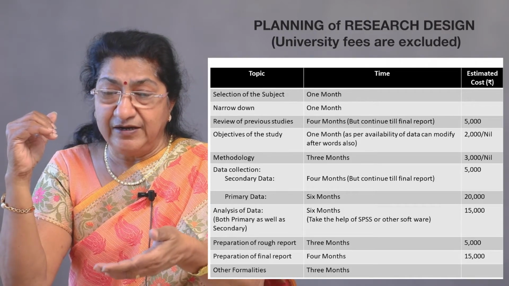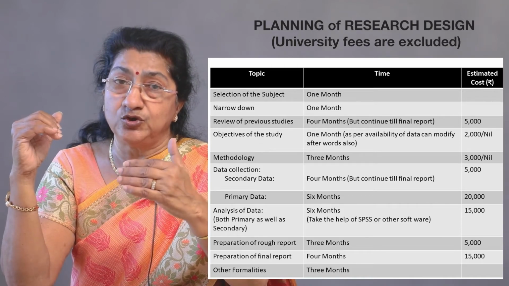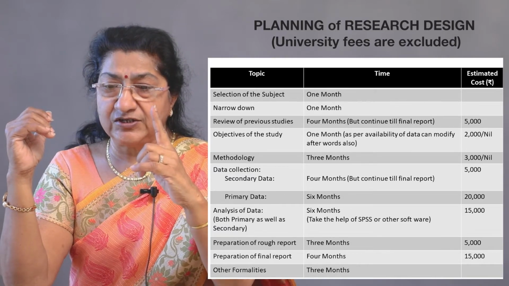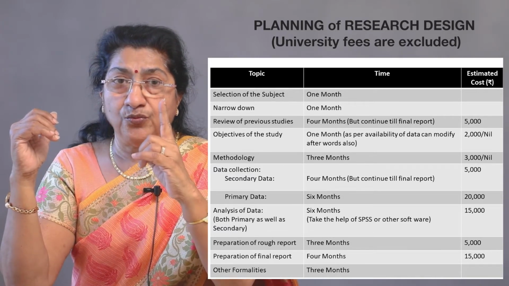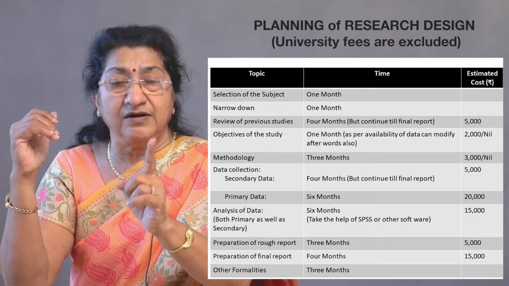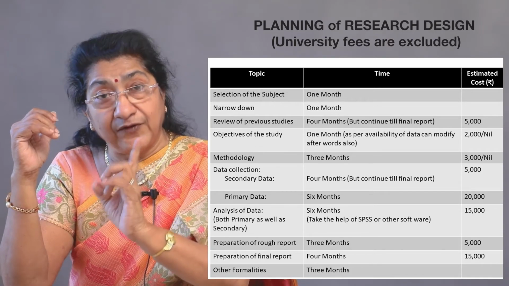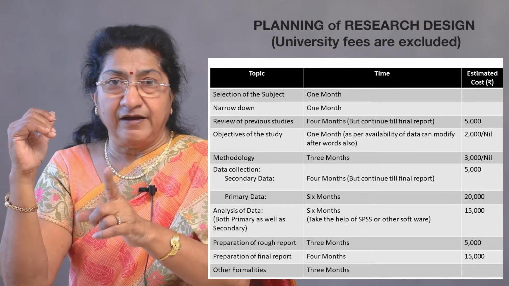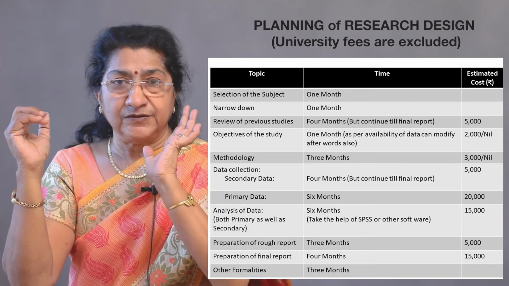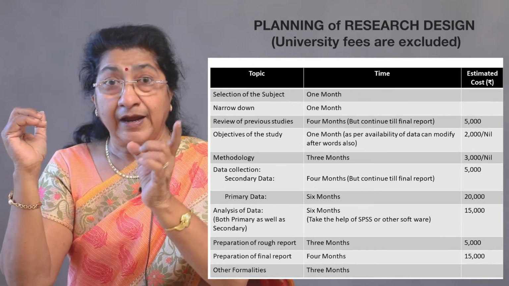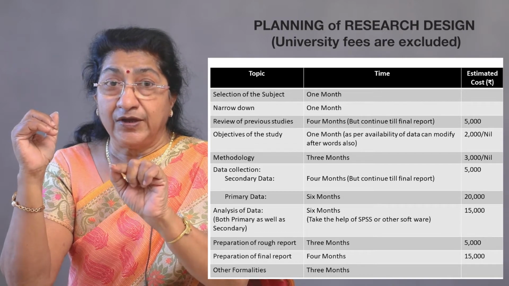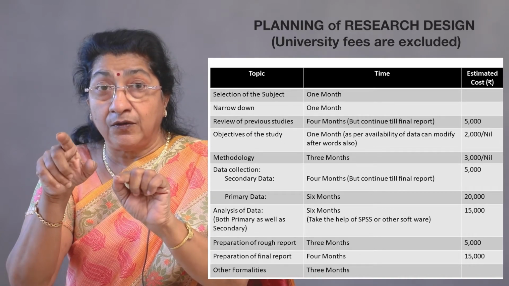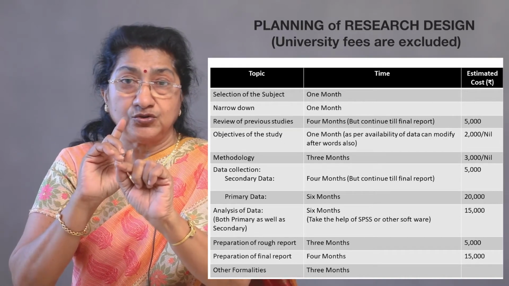So, in secondary data, you have to spare a minimum of 4 months, but again listen to me, continue this secondary data collection till submission of the final report, because recent and current data gives the current picture, and you can understand that the scenario is the same as per your objectives and findings. You can authenticate your findings also.